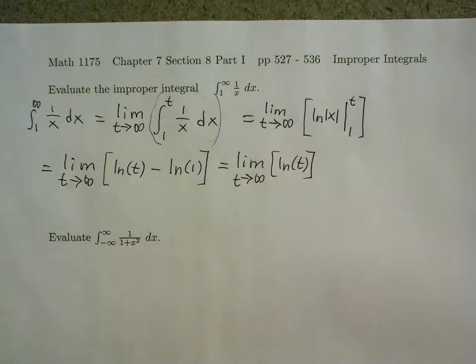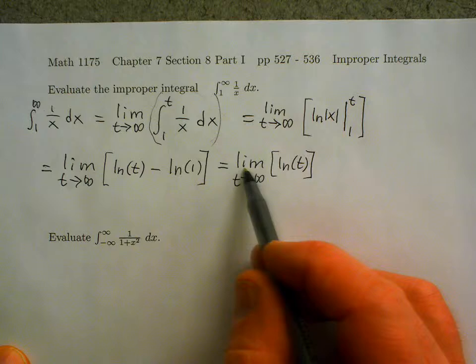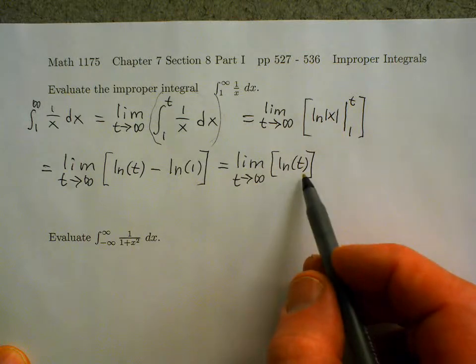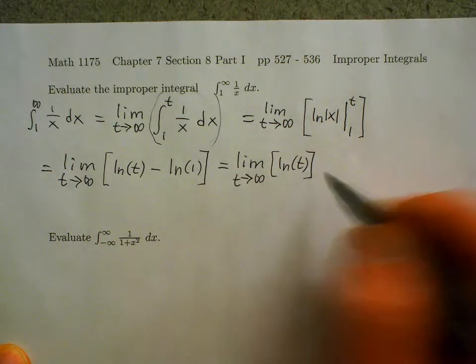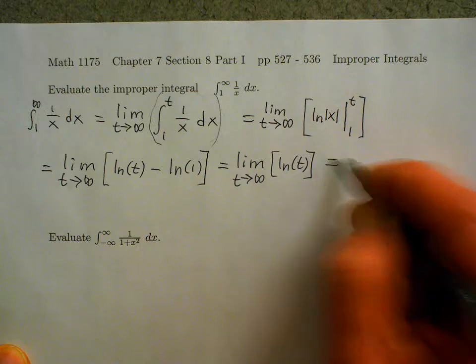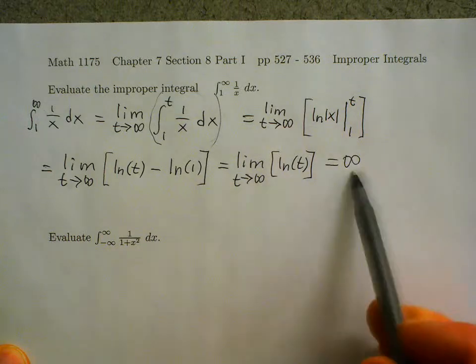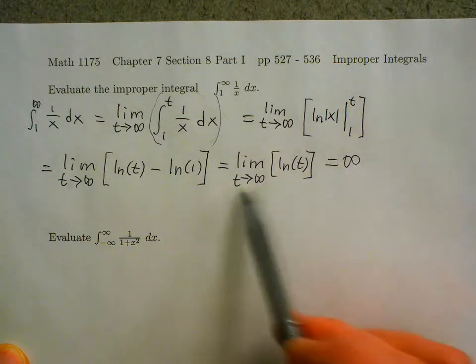So what about this one? What do the values of the natural log of t get close to as t approaches infinity? Well, they go off to infinity. So this limit does not exist because the natural log of t goes towards infinity as t goes to infinity.